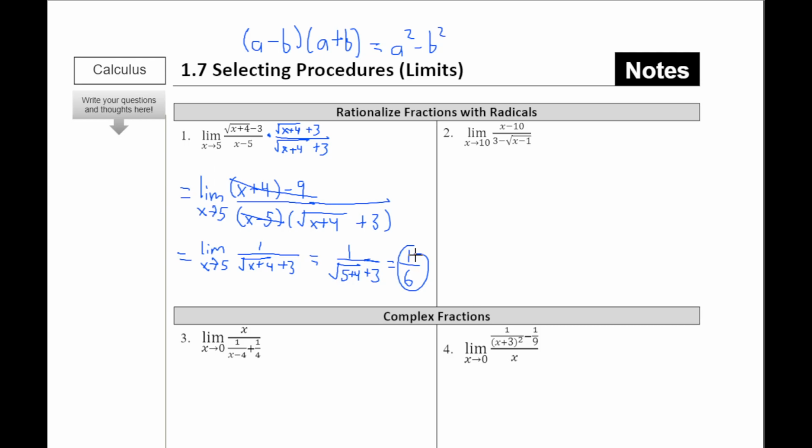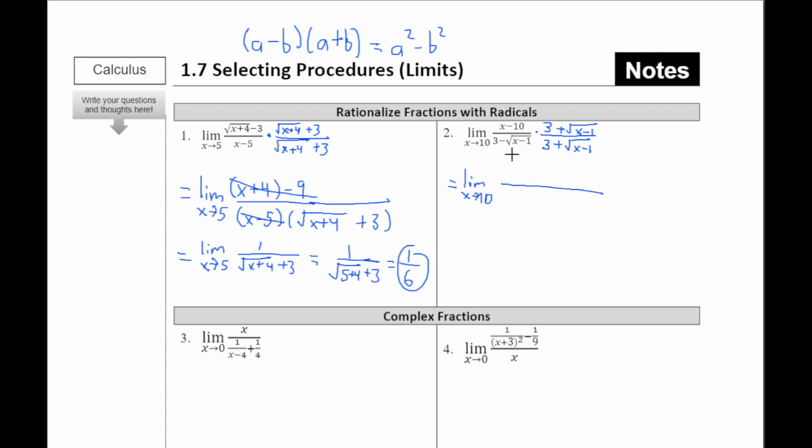The second problem, you can feel free to pause and try this on your own. You see the roots on the bottom, so you want to multiply it by 3 plus square root of x minus 1, and the same thing on the top, 3 plus square root of x minus 1. And then you can rewrite the limit here. Limit as x approaches 10.